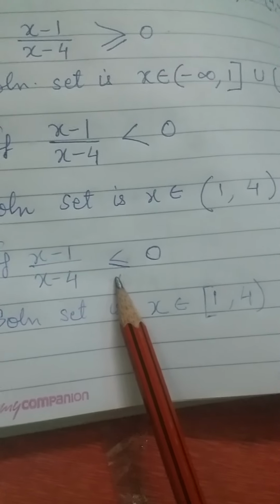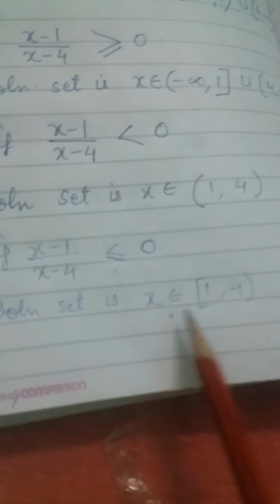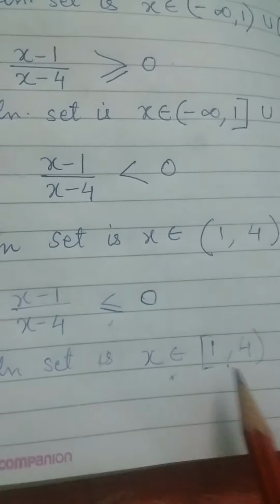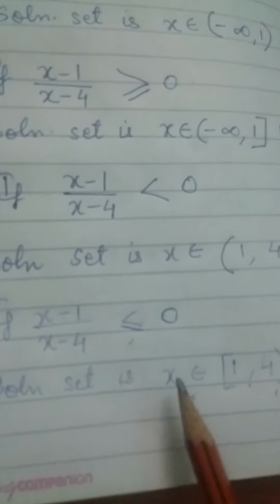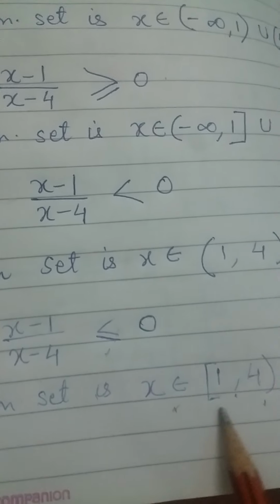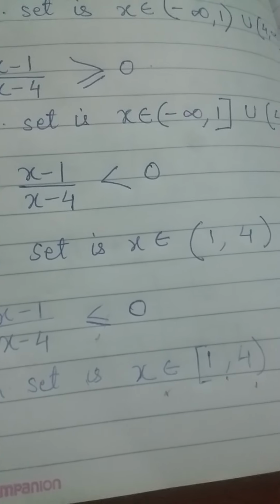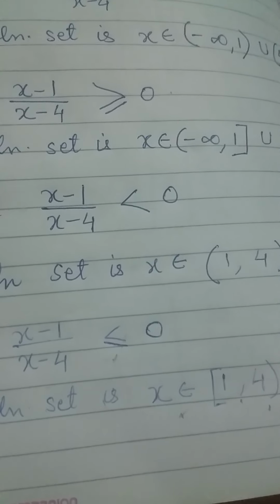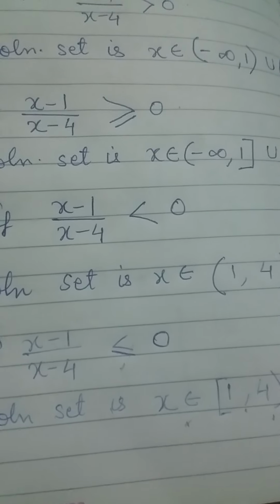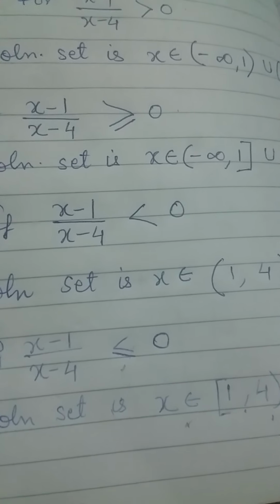Negative means 1 comma 4, but there is a change. Here 1 will be included, 4 will not be included, meaning x belongs to 1 comma 4, closed at 1. So this is called the wavy curve method, which we can apply in class 11th linear inequalities for solving any rational function.